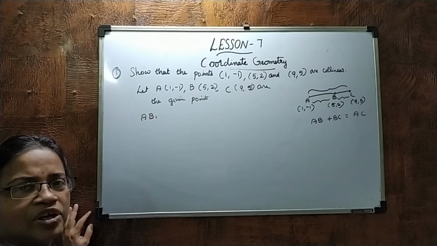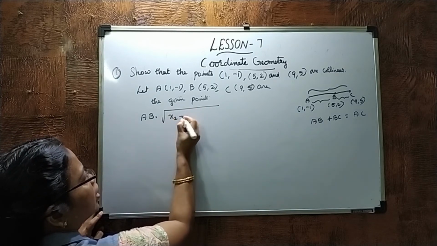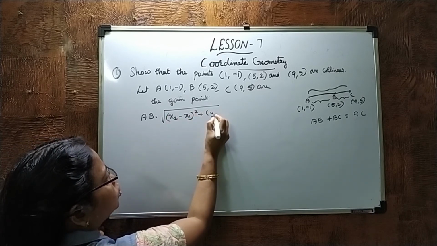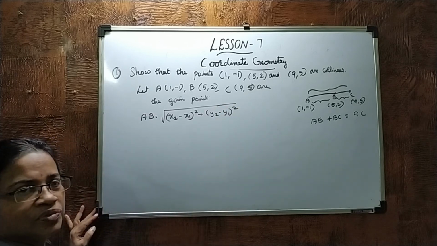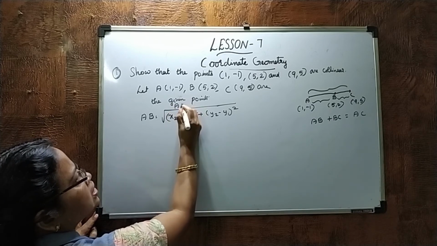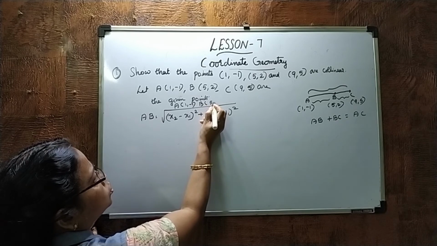How will you find out AB? AB equals root of (x2 minus x1) the whole square plus (y2 minus y1) the whole square. First write what is A and what is B. A is (1, -1), B is (5, 2).